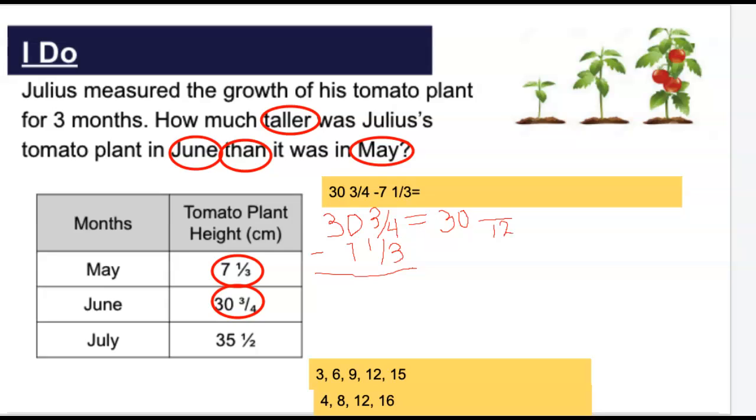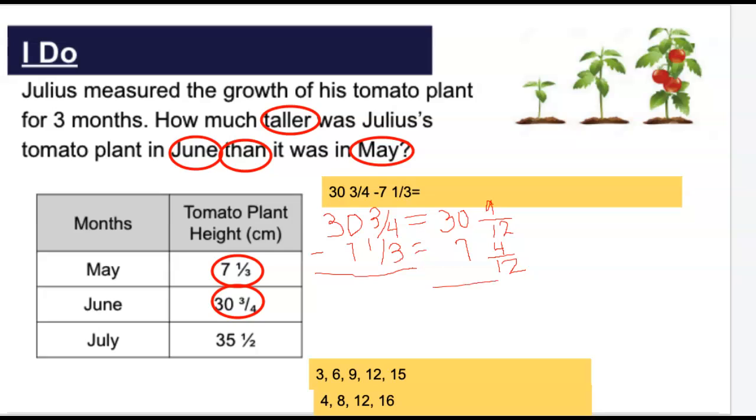I know that 4 times 3 is 12, and whatever I multiply by the bottom, I must multiply by the top. So 3 times 3 is 9. I'm going to come down to 7 1/3 and do the same thing. I'm going to write my whole number, and I know that my denominator is going to be 12. 3 times 4 gives me 12. 4 times 1 is 4.